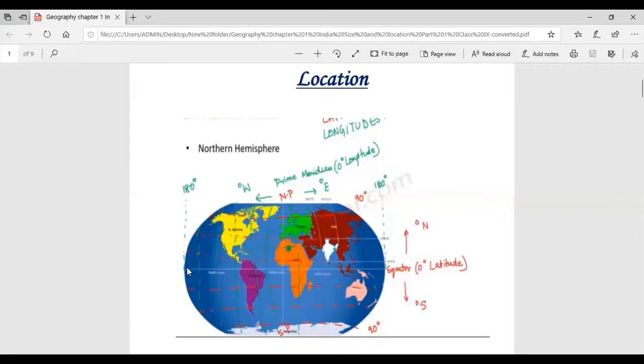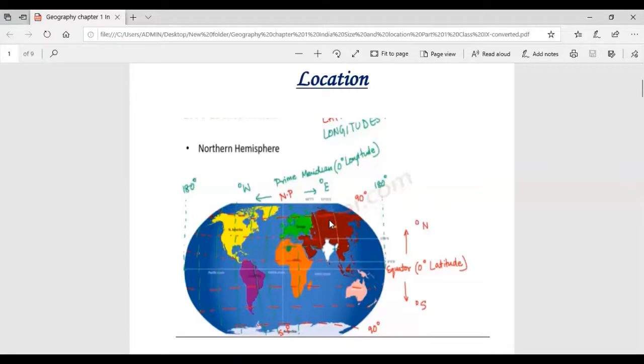And then here we can see, through the middle of the sphere, an imaginary line going. The imaginary line that is running exactly at the center of the sphere is known as the equator. And the equator divides the globe into two. The upper part is the northern hemisphere, and the down part is the southern hemisphere. As I said, India is located in the northern hemisphere.